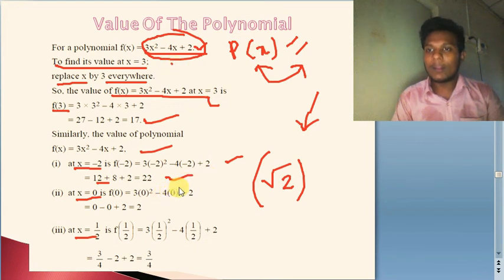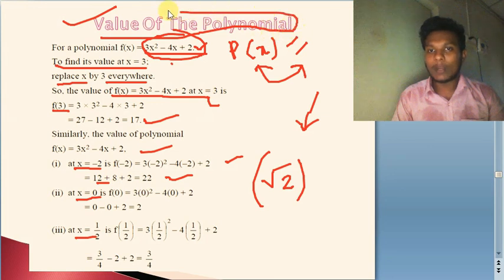These are the values of a polynomial at the given number. That means you assign a particular value to the variable such that the entire polynomial in return gives you a value. That is what we should know in the case of the value of a polynomial.